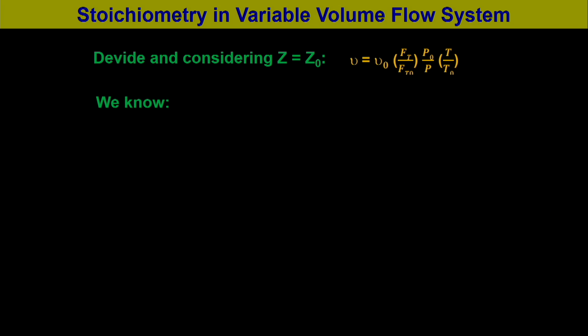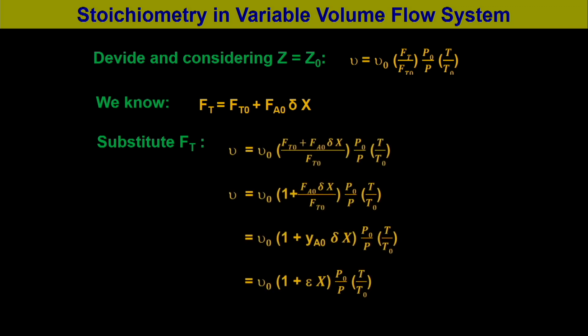Now, we have this relation and we know F T is related to the stoichiometry of the reaction as F T naught plus F A naught delta into X. If we substitute F T in this relation, we would obtain V equal to V naught F T naught plus F A naught delta X divided by F T naught into P naught by P into T by T naught.